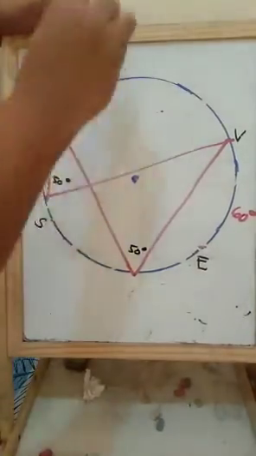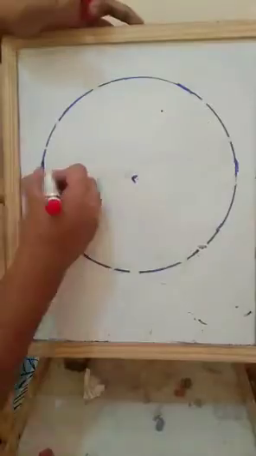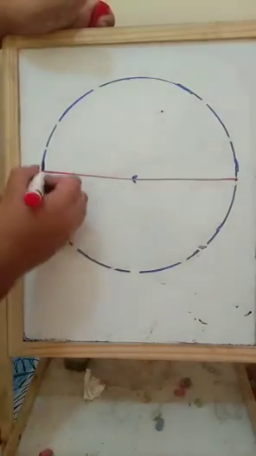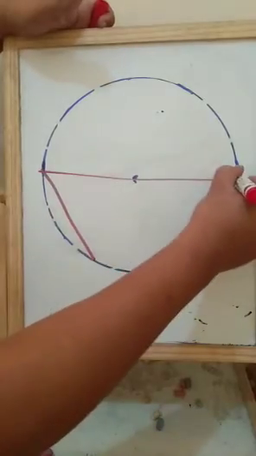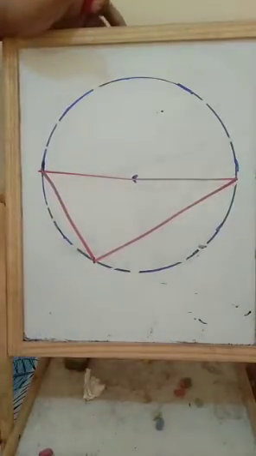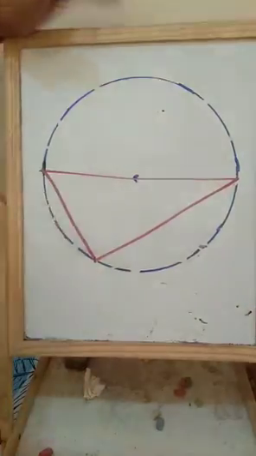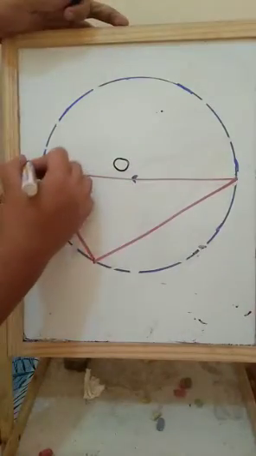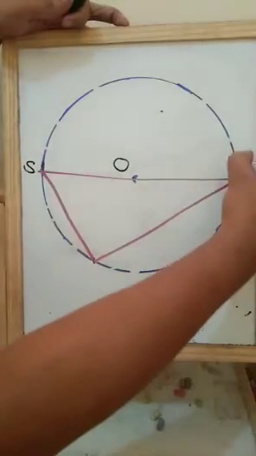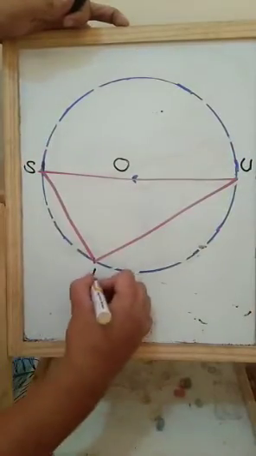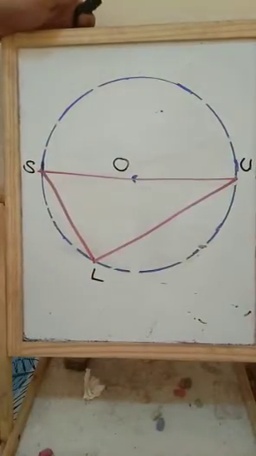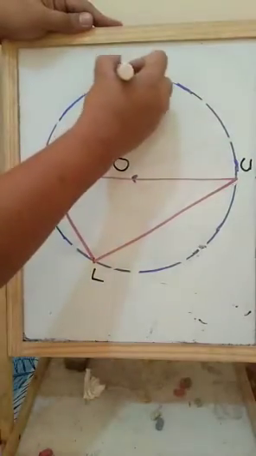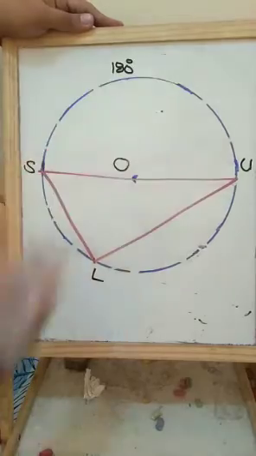And lastly, let's have here a semicircle. And from the semicircle, let's draw an inscribed angle. Yan. So, let's just name this, O pa rin to. This is S, this is U, this is L. Now, obviously, since this is a semicircle, your arc here would measure 180 degrees.